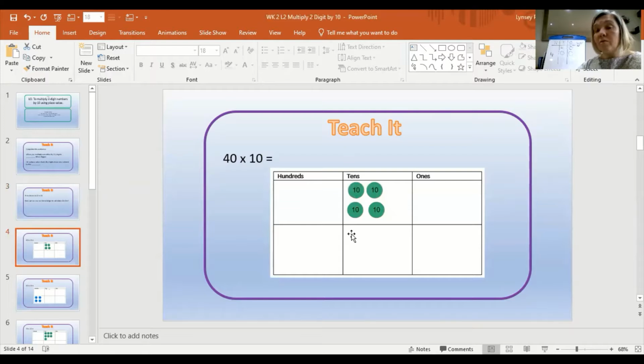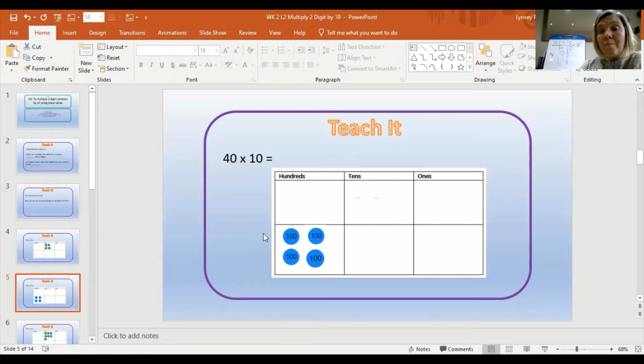So here, if I was going to show you on place value, with our place value counters, okay, we've still got nothing in the ones. We've got a 0 in the ones, okay. Each one of these is going to be multiplied by 10, okay. Each one of these is 10 times bigger. So that means that each one of those becomes 100, okay.